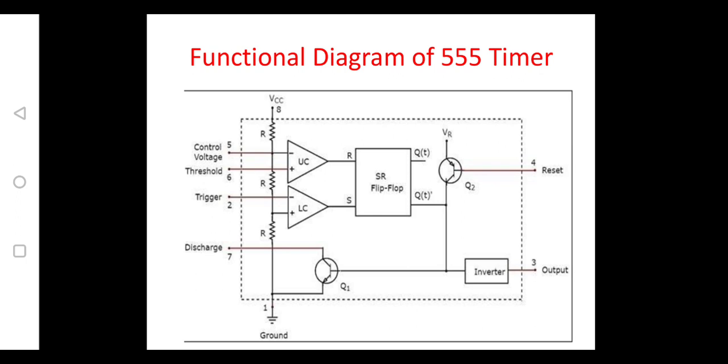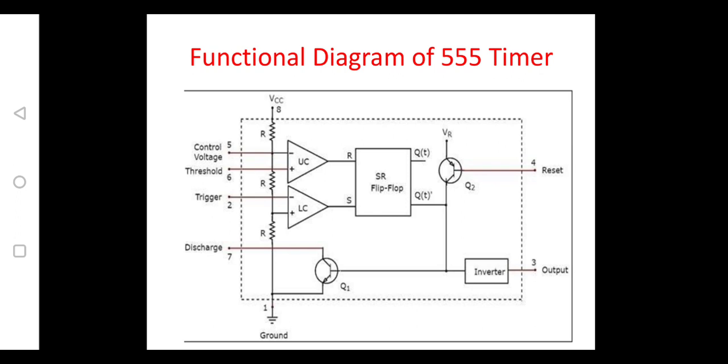And in order to get the upper comparator equal to 1, the voltage across that corresponding pin should be greater than 2 by 3 VCC. So whenever the voltage across pin number 6 is greater than 2 by 3 VCC, then only the upper comparator is equivalent to 1.